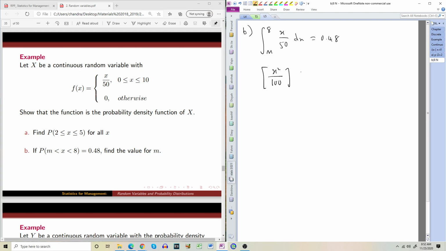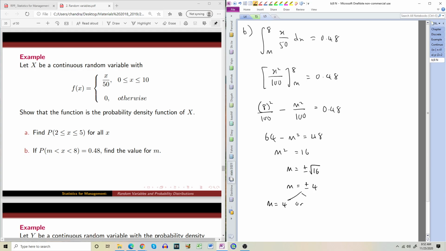If you integrate this, you will get m equal to either 4 or negative 4.